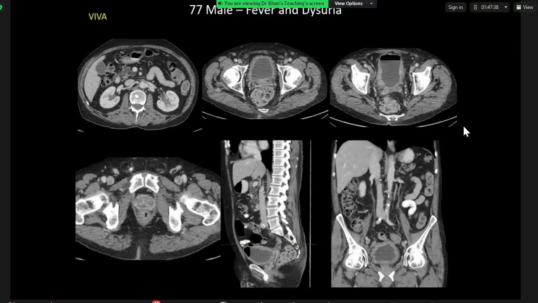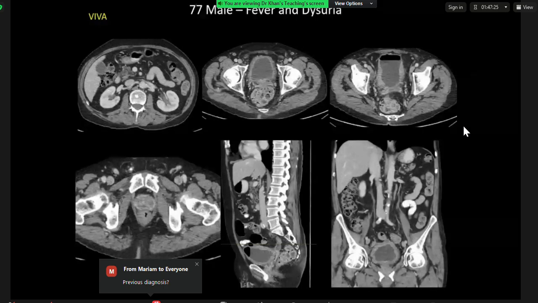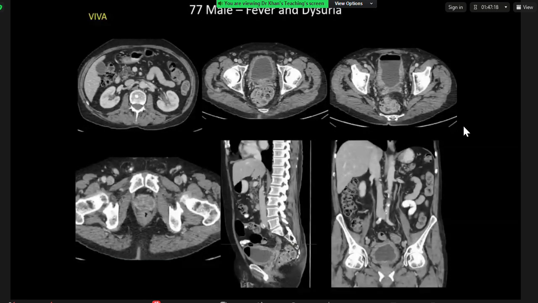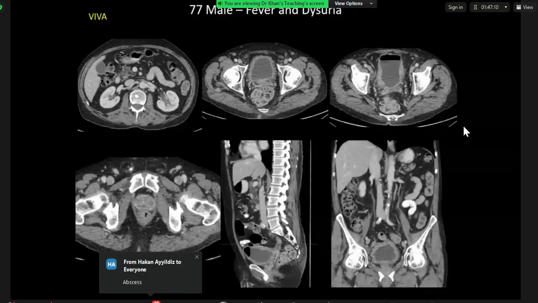Okay, so on these selected contrast enhanced axial, sagittal and coronal images of the abdomen and pelvis for a 77-year-old male, I can see an abnormality in the second and third axial images in the urinary bladder, which is fairly well distended and appears circumferentially thick-walled, possibly with some degree of enhancement, and anteriorly there is a large locule of gas.